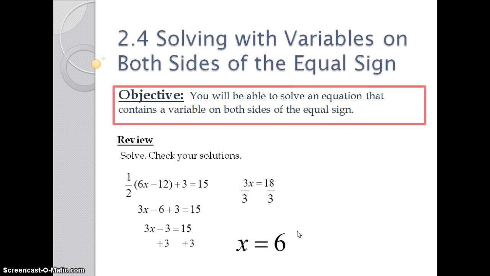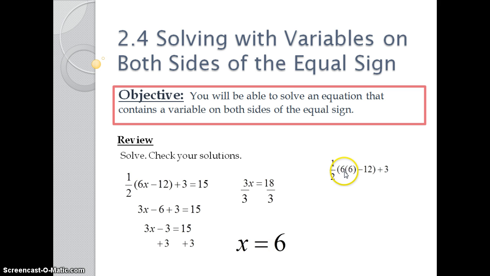Before you call that your final answer, make sure you check it to make sure it makes sense. So I'm going to replace my x up here with 6 and then just follow the order of operations to simplify it down. If when I simplify this down I get 15, I know x must equal 6.